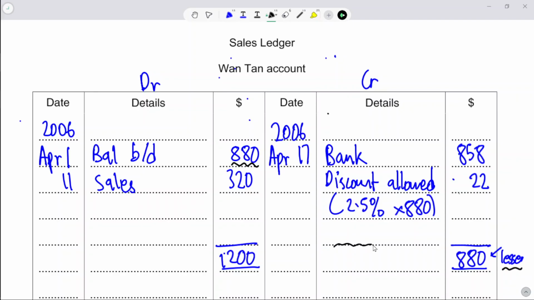Let's put balance CD here at the end of the month. So this minus this, you get this. Then replace it.